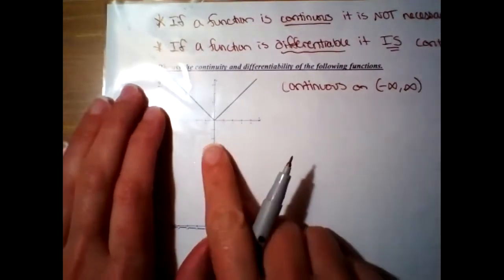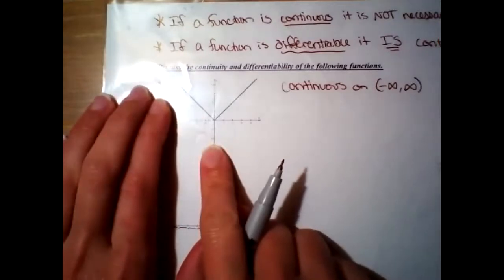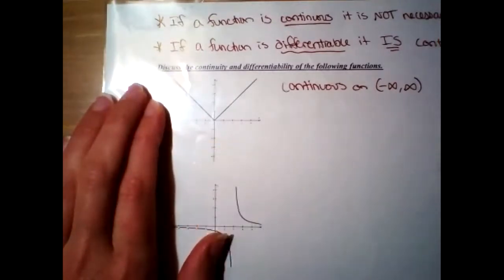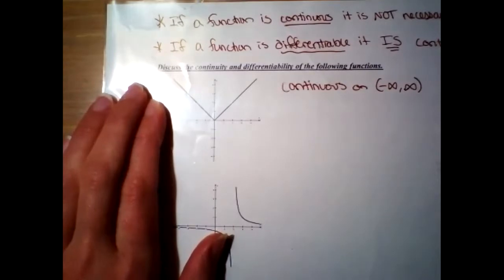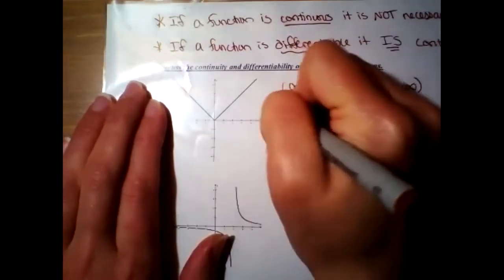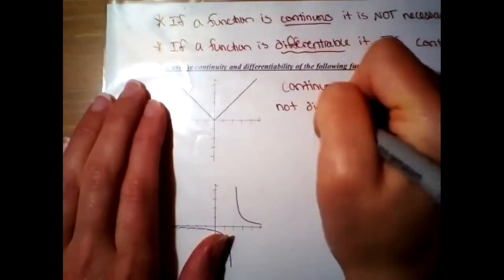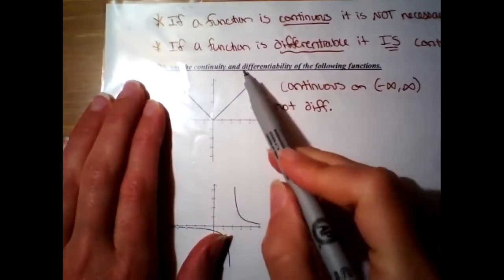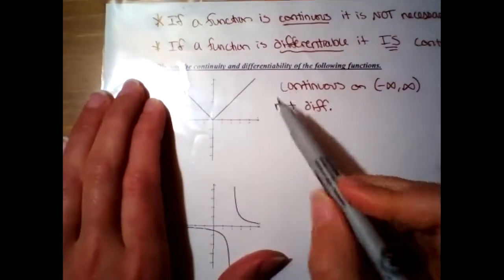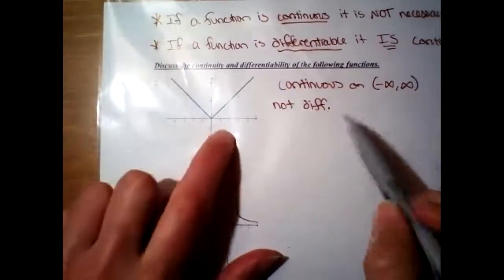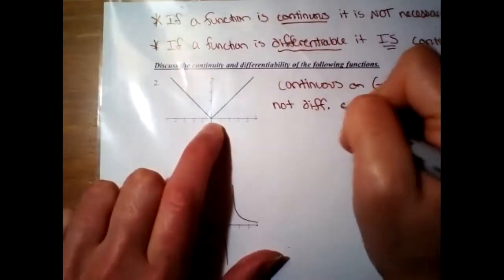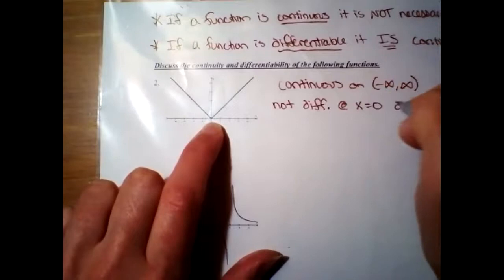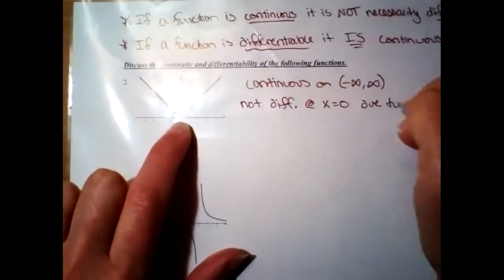All right. So is this function differentiable everywhere? Good, that's where we have a problem. So we are not differentiable. Can I abbreviate differentiable as diff? I'm never going to grade you on spelling. We're not differentiable at x equals 0 due to a sharp edge.